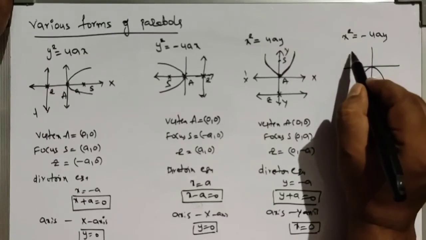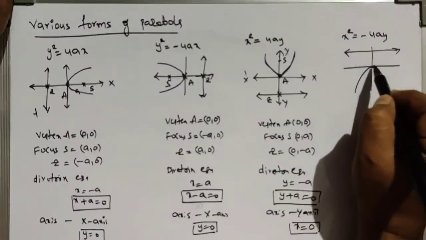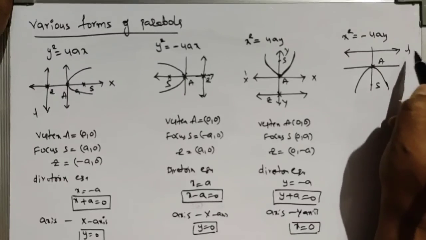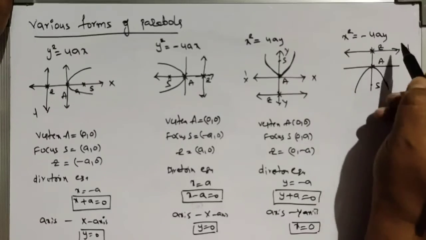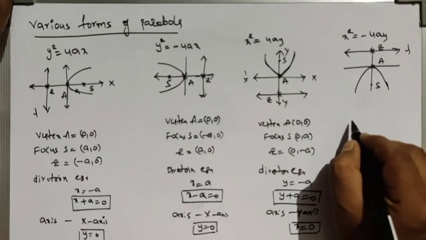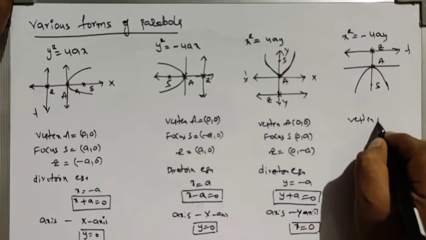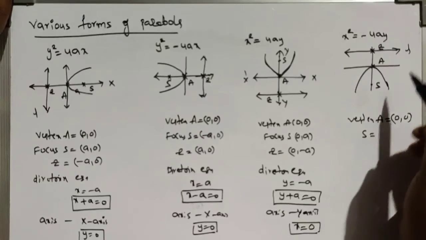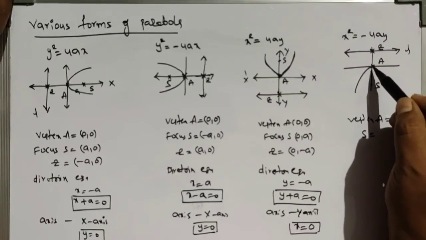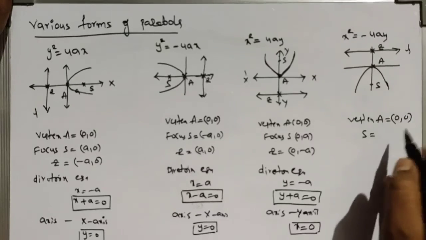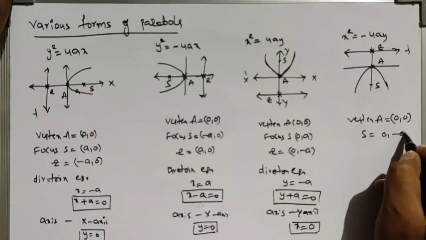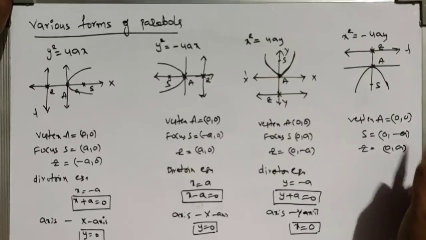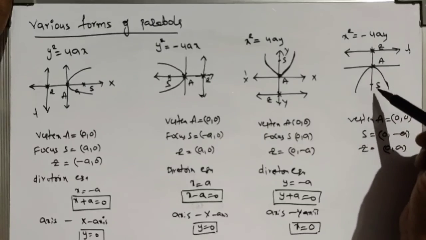Therefore this is the curve, this is the directrix, this is the vertex A, this is the focus S, this is the directrix l, this is the projection of S on l, Z. Then here vertex A is equal to (0, 0), and focus S is, from here to here is the a, but here a is negative, therefore take (0, minus a), and Z is equal to (0, a), because the y value increases upwards and decreases downwards, that's why.